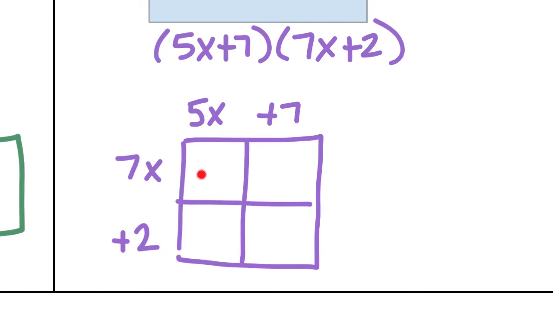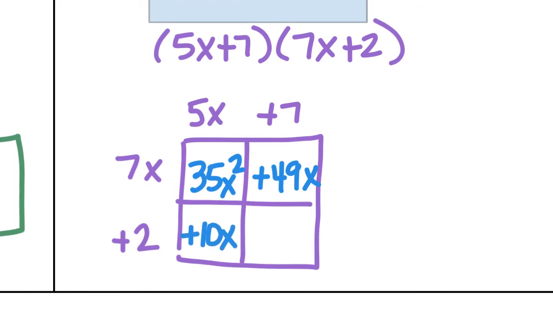So 5x times 7x gives me 35x squared. Then 7x times 7 gives me 49x, and it's positive. Now bottom row, 2 times 5x gives me 10x. And last square, 2 times 7 is 14.